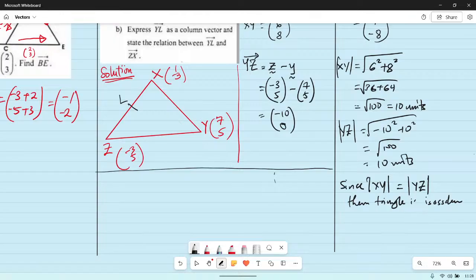So what is YL? YL, we stand at Y, we draw a line to L. Are you okay? Now, YL as a vector is going to be what? Small letter L minus Y. You get it?